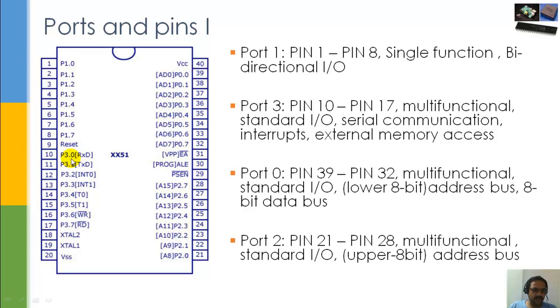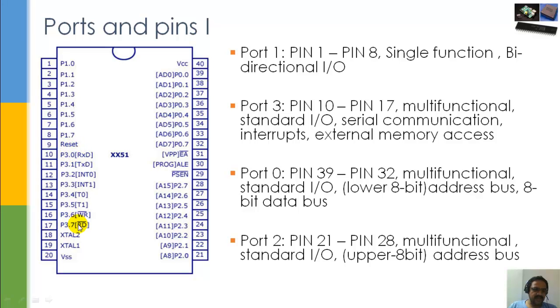Do you see pin 3.0, pin 3.1, or externally pin 10 and pin 11? This is port 3.0, third port LSB, LSB plus 1, LSB plus 2, LSB plus 3, LSB plus 4, LSB plus 5, LSB plus 6, LSB plus 7. So this is LSB, the 0th bit.